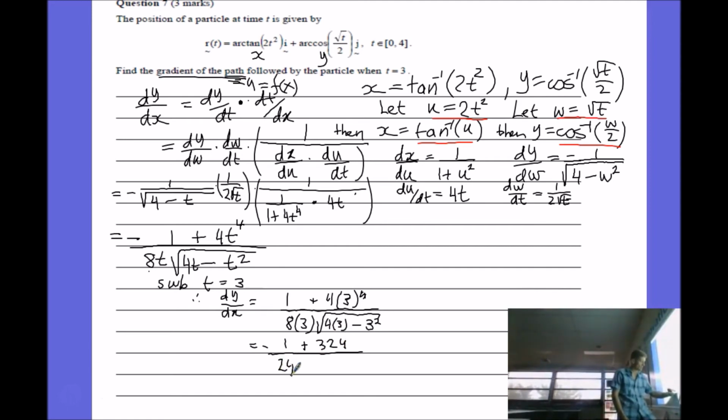Cool, that was a hard one. Then 24 root 3: this is 12 root 3 and we're minusing 9. Altogether, this is negative 325 on this value, 24 root 3. You have it. Very good.